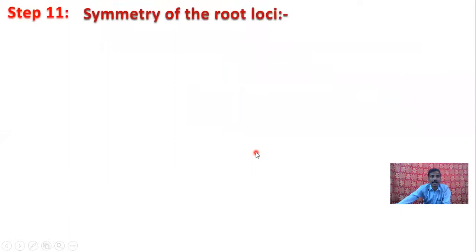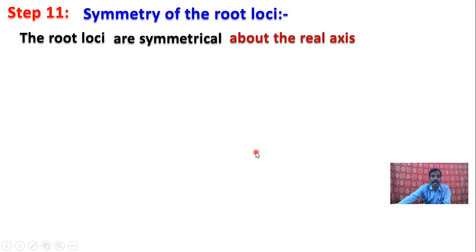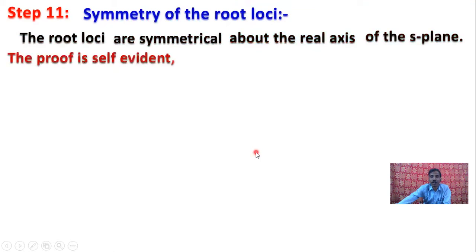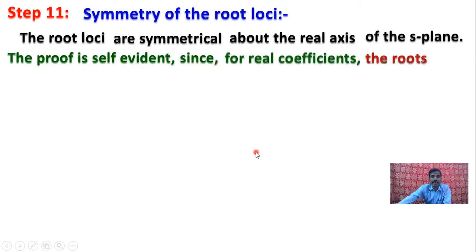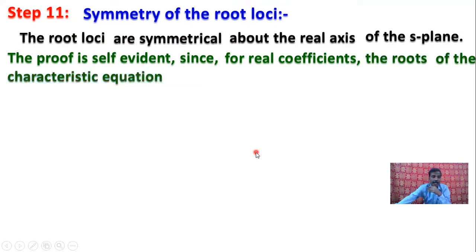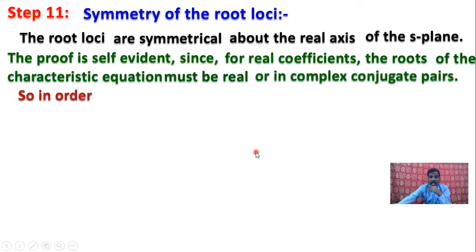Then symmetry of root loci. The root loci are symmetrical about the real axis of the S plane. The proof is self-evident, since for real coefficients, the roots of the characteristic equation must be real or in complex conjugate pairs.